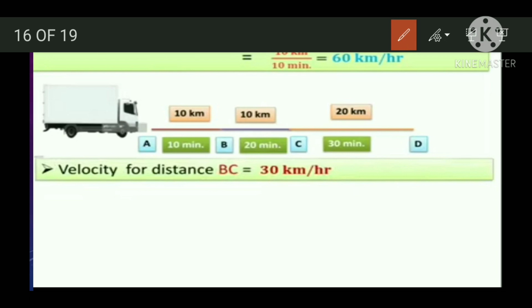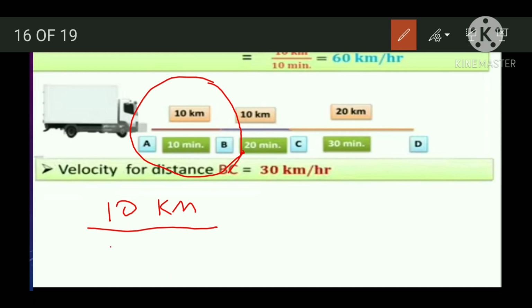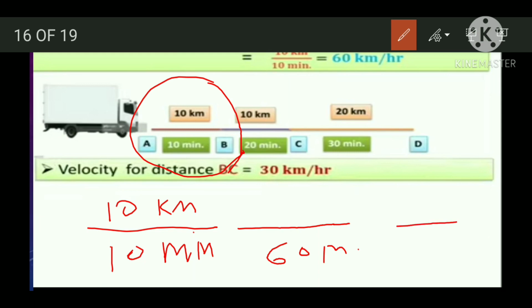See, for AB, velocity for distance AB is equal to how many kilometers? 10 kilometers upon total time, means displacement upon total time, 10 minutes. Now, we will convert this 10 minutes into 60 minutes, means 1 hour. Is it clear?